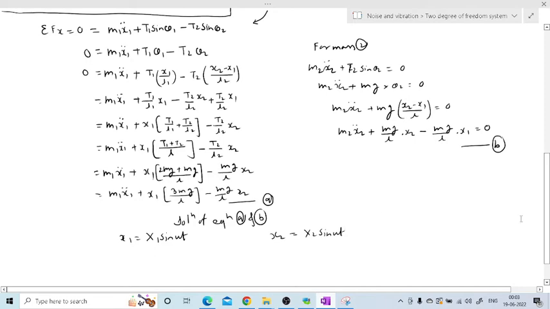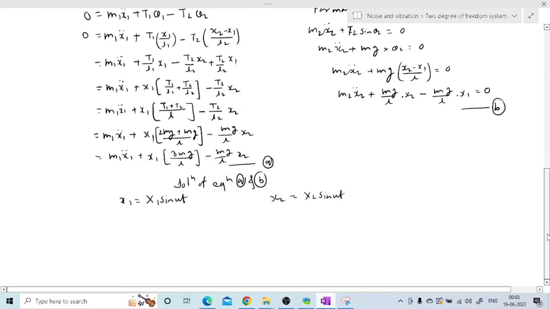Now quickly, we'll differentiate this one because in this equation we have x1 double dot. So differentiate with respect to time.